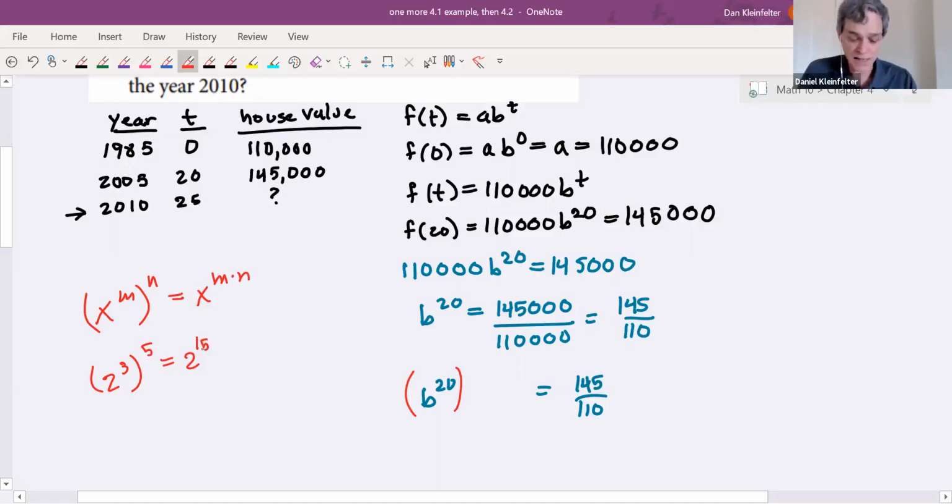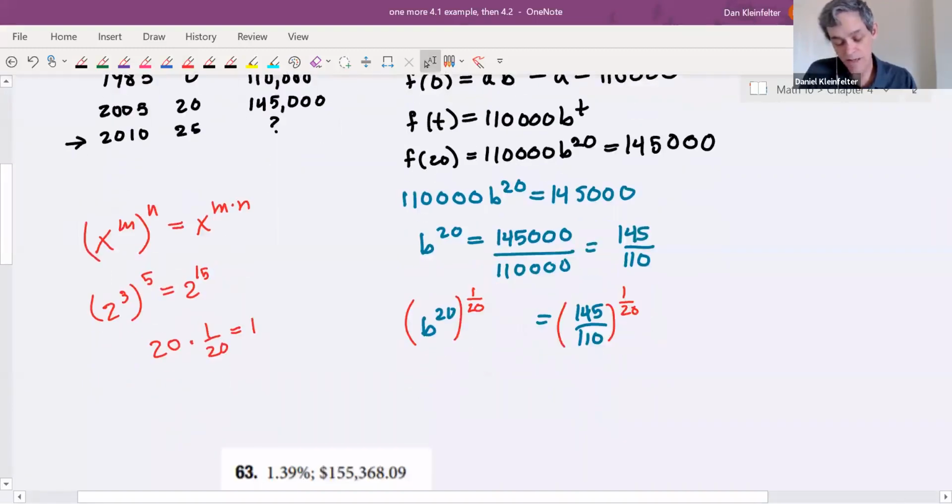We're going to use that exponent rule. And so right now, b is raised to the 20th power. We're going to raise that to the 1/20th power because 20 times 1/20th is going to equal just 1. Notice it's going to end up being the same as taking the 20th root of b to the 20th. Of course, we'll have to do that to the right side as well.